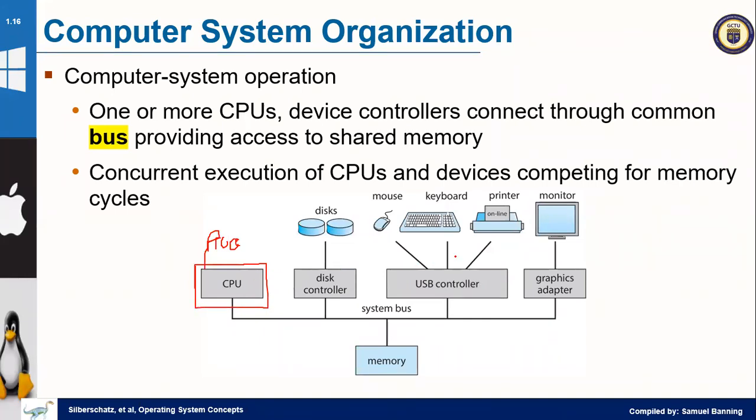And then you have some controllers, like the disk controller. The disk controller is responsible for all the disks that you use, like the hard disk, like the floppy disk, like the SATA drive, like the SSD. All are connected to the disk controller. Then we have the USB controller.